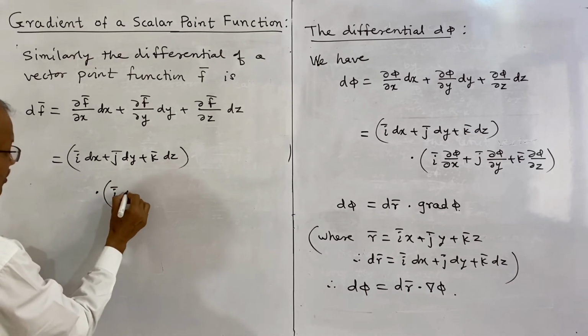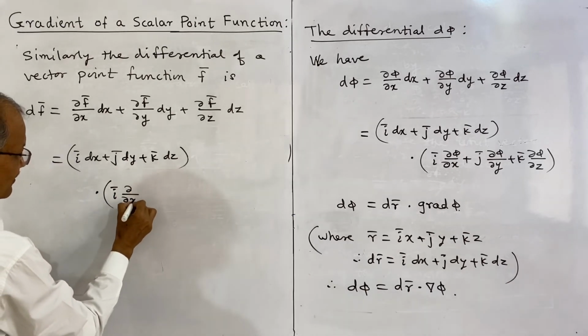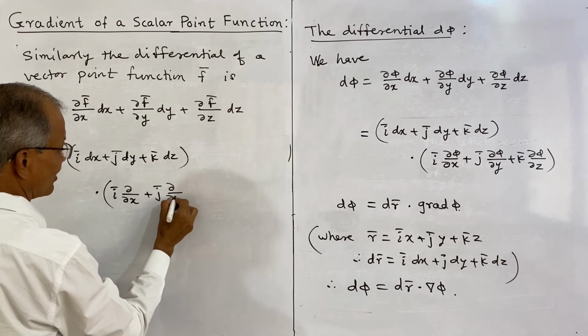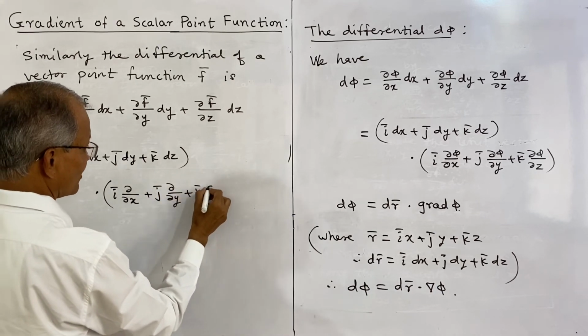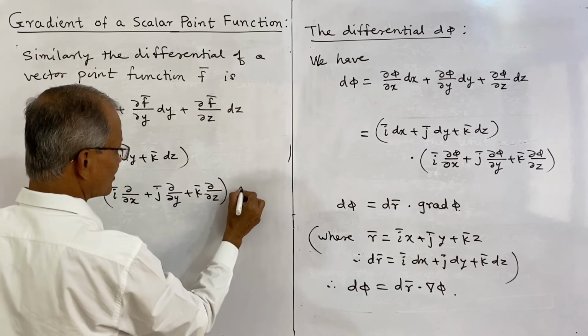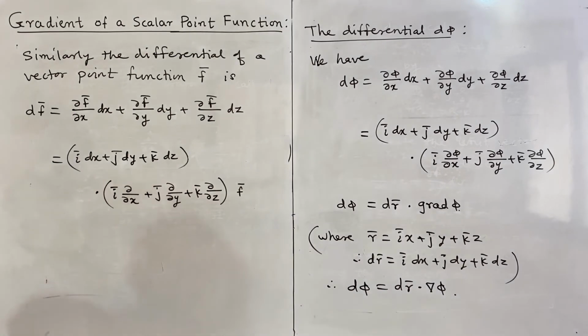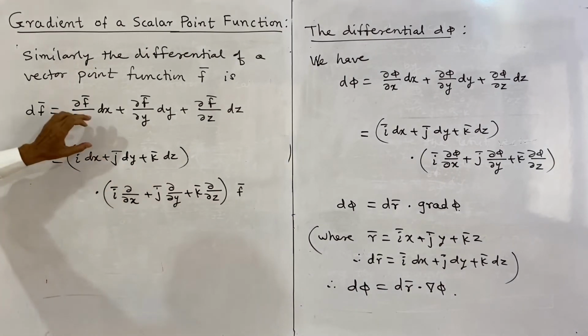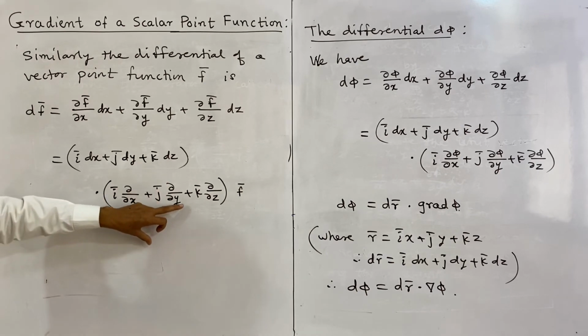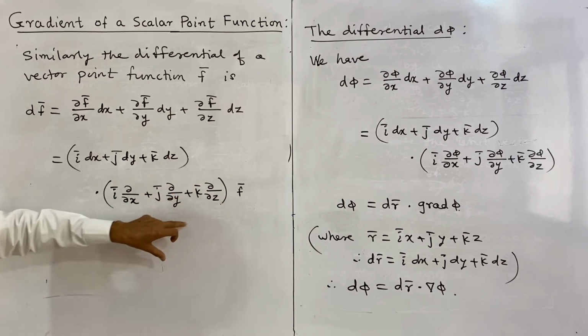i dou by dou x plus j dou by dou y plus k dou by dou z, and this is operated on f bar. Which will be i dou f bar by dou x plus j dou f bar by dou y plus k dou f bar by dou z.